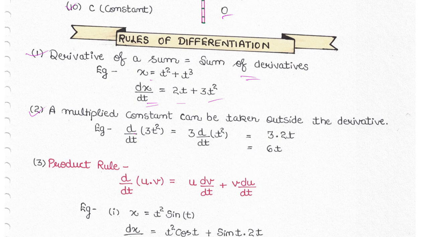So if you have d/dt of 3t square, we can write this constant value outside of the differentiation. So 3 d/dt of t square, that is 3 times 2t or 6t.